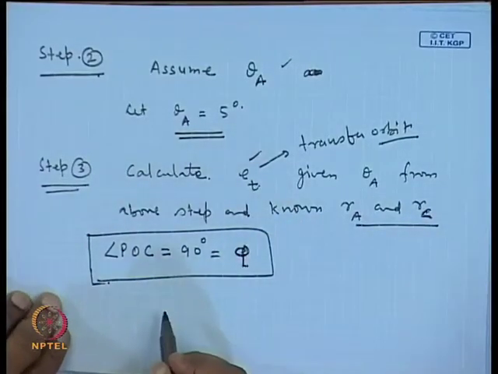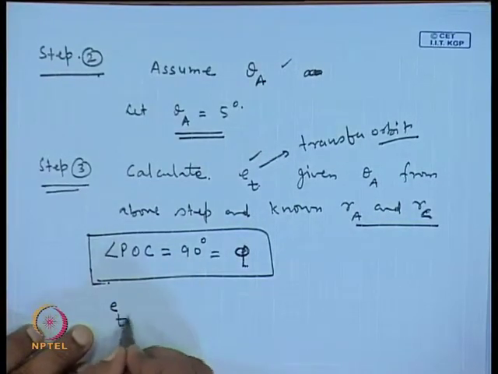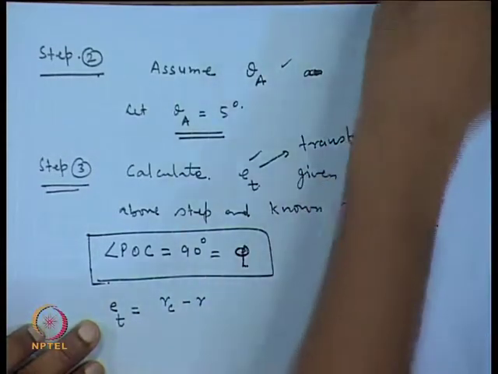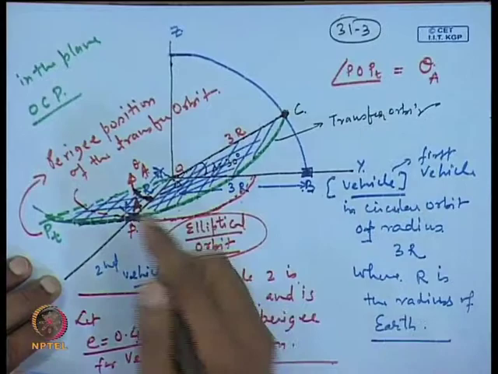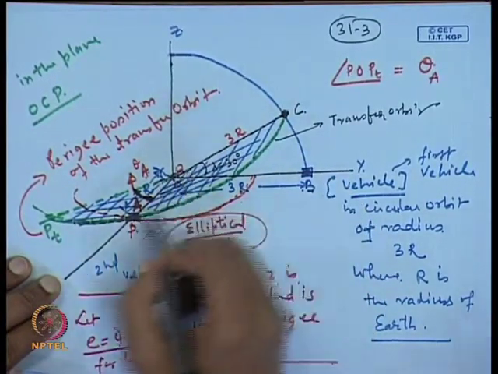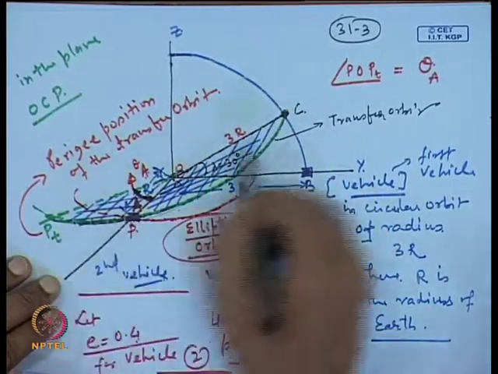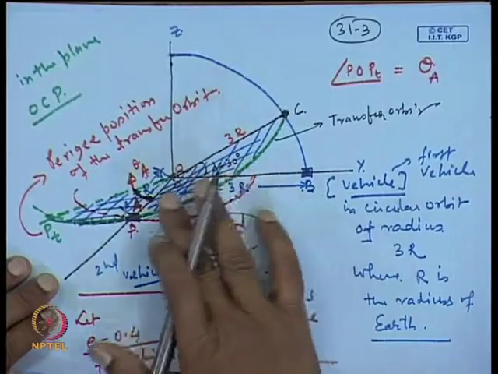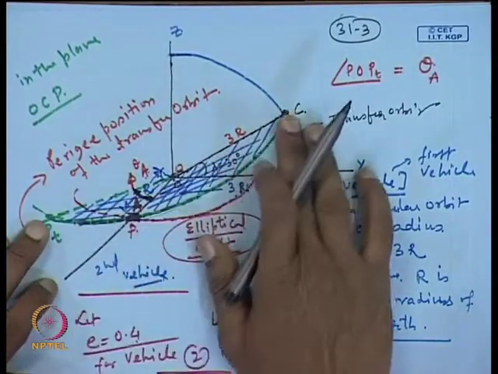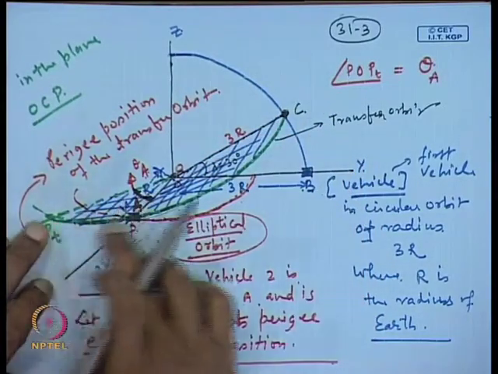So, we need to calculate E t. So, earlier we developed the equation for E t. So, E t we wrote as R c minus R a in a particular elliptic orbit. So, we have now the shown by this green line. So, green line is here in this place. So, this is constituting one transfer orbit, though it is appearing little non-planar because of this black line, but it is a one plane in which the transfer orbit is located.